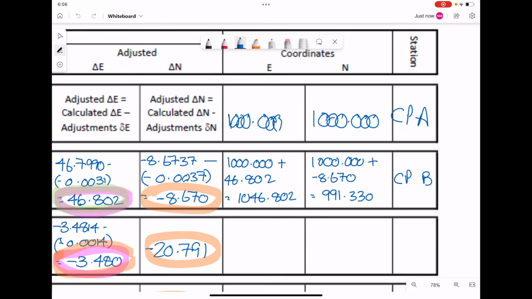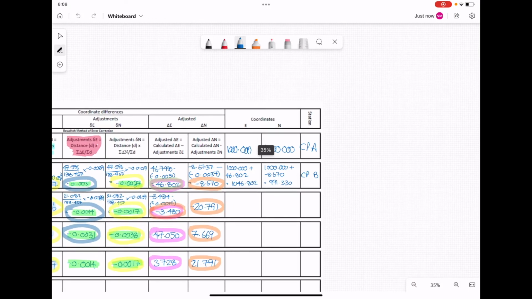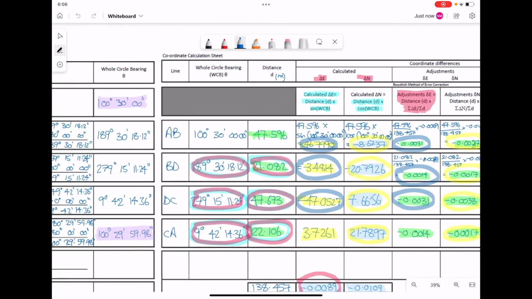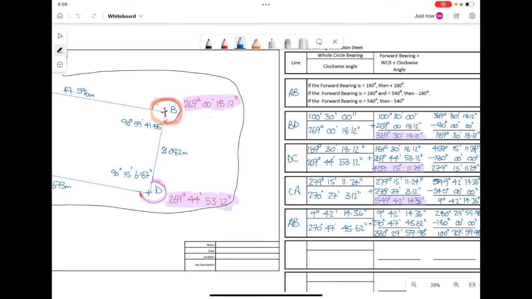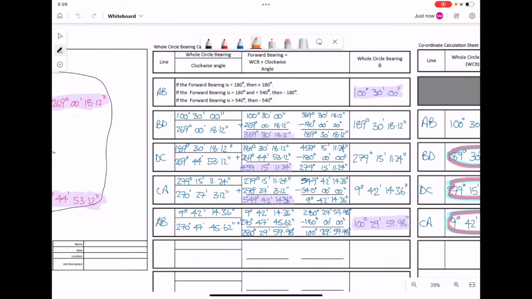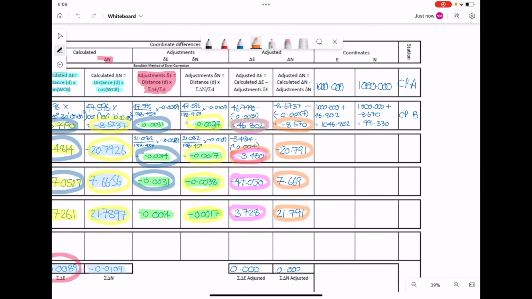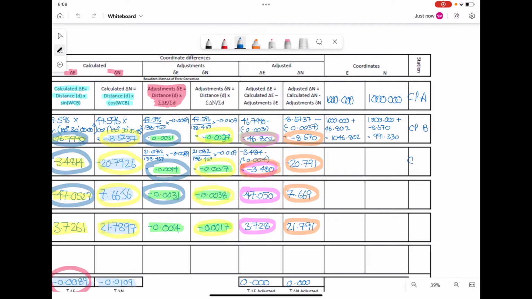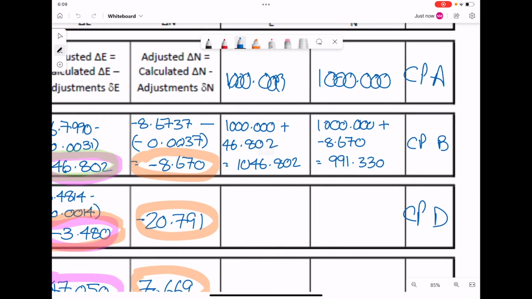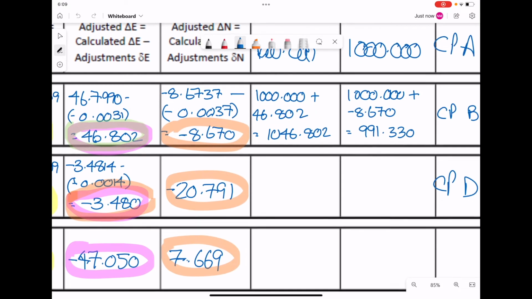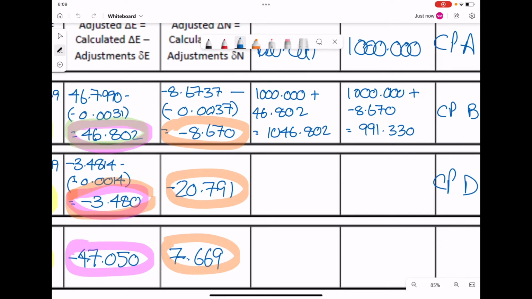If we look back at our plot, then after point B comes point D, and then we will calculate the coordinates of point D. Control point D is our next point, and we're going to use the previous coordinates and add on the adjusted partial easting.